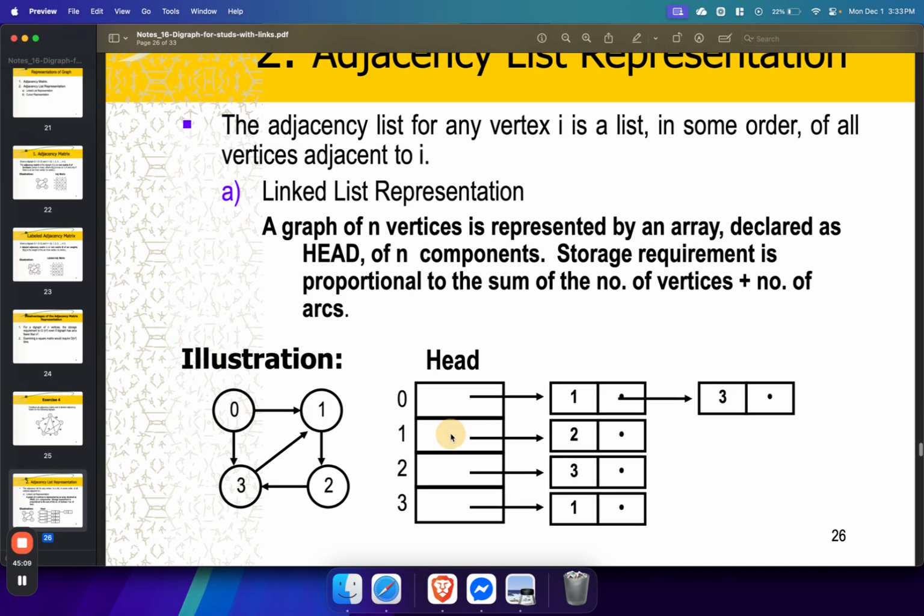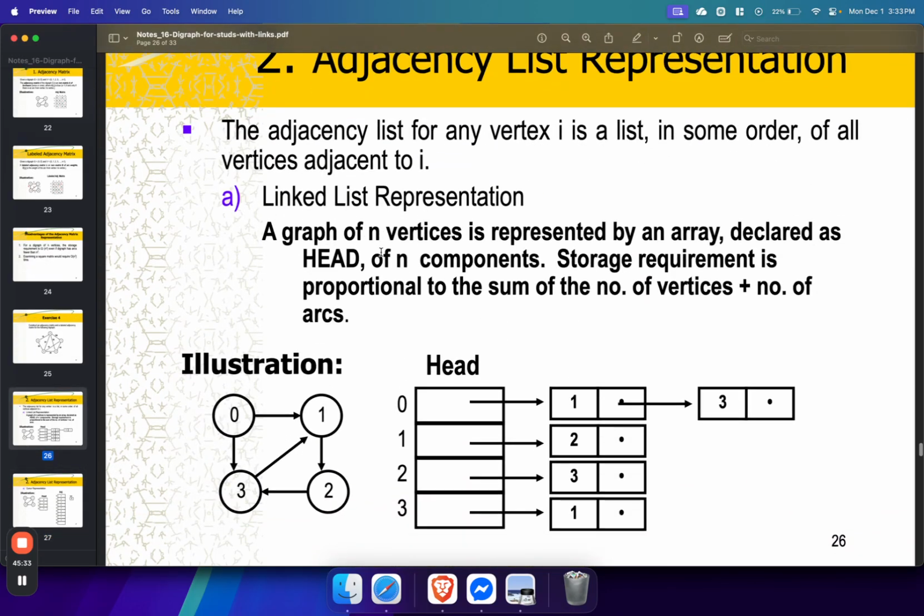So here you'll see 1 points to 2, so there is an arc from 1 to 2. There is an arc from 2 going to 3. There is an arc from 3 going to 1. Linked list representation, sayun ra kaayo.